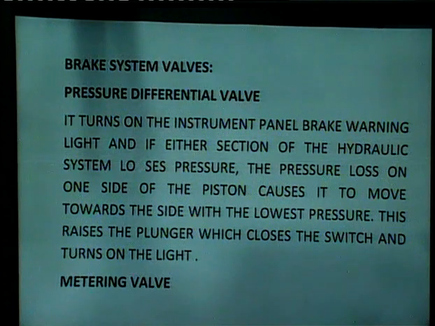It turns on the instrument panel brake warning light if either section of the hydraulic system loses pressure. The pressure loss on one side of the piston causes it to move towards the side with the low pressure. This raises the plunger, which closes the switch and turns on the light. It is a warning light.